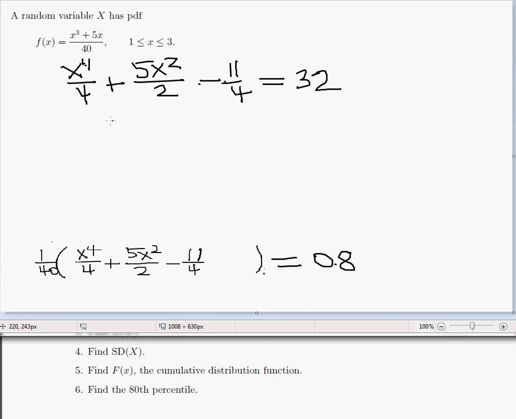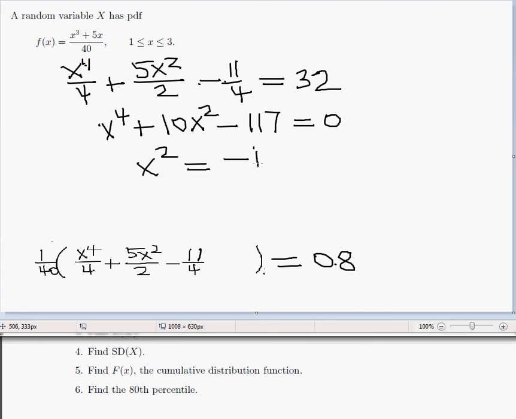Then if I multiply by an extra 4, just to clear out the denominators, I get x to the fourth plus 10x squared, then 11 minus 128, which is minus 117, equals 0. So this becomes quadratic in form, and then I can use the quadratic formula to solve for x squared.